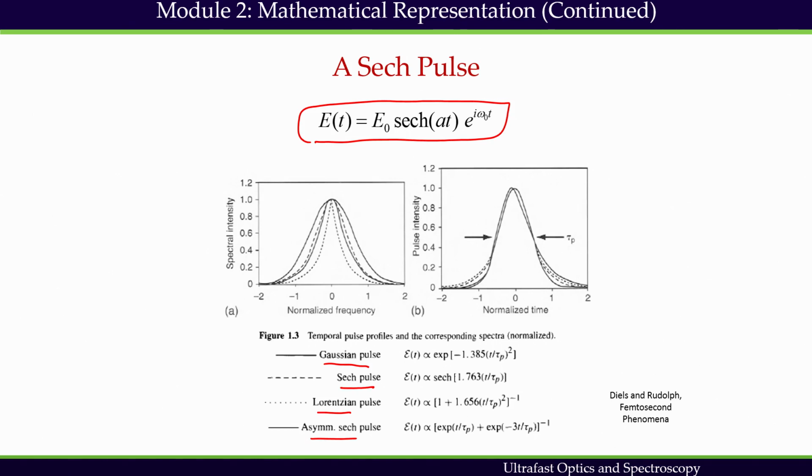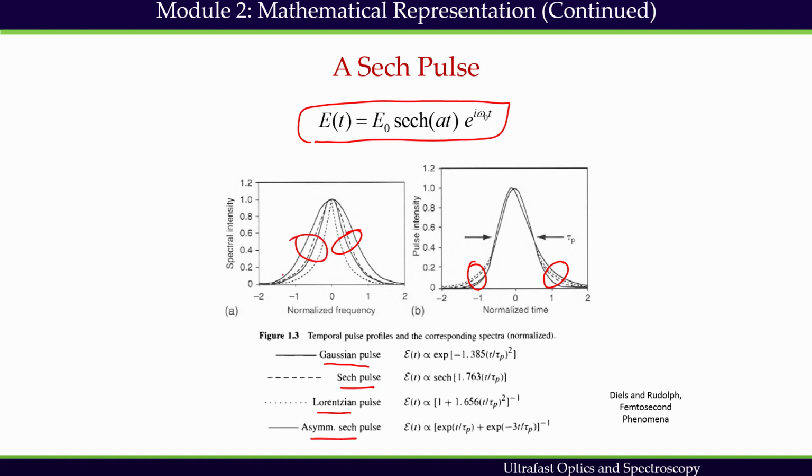Here we see that the envelope functions do not differ significantly if we change Gaussian to, let us say, sec hyperbolic, except for the wings. This is the temporal profile of the pulses. We see a major difference in these wings, but in the spectral profile we see a major difference all over the spectrum.